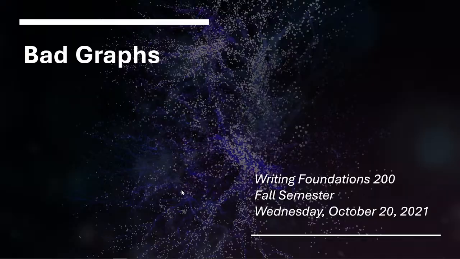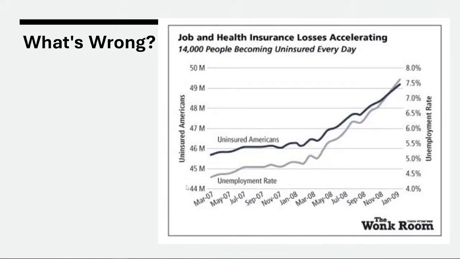seeing me. All right, so looking at this particular chart, we've got job and health insurance losses accelerating. So you have a title. But look at this. We have 45, 40, 44, 45, 46, 47 million.